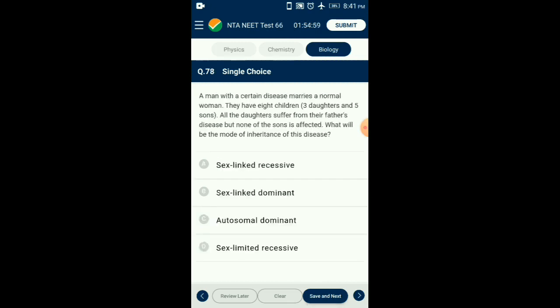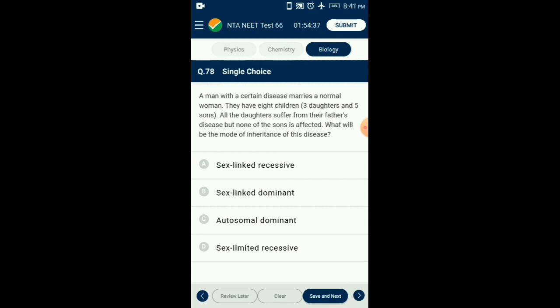Question number 78. A man with a certain disease marries a normal woman. They have 8 children, including 3 daughters and 5 sons. All the daughters suffer from their father's disease, but none of the sons is affected. What will be the mode of inheritance of the disease?